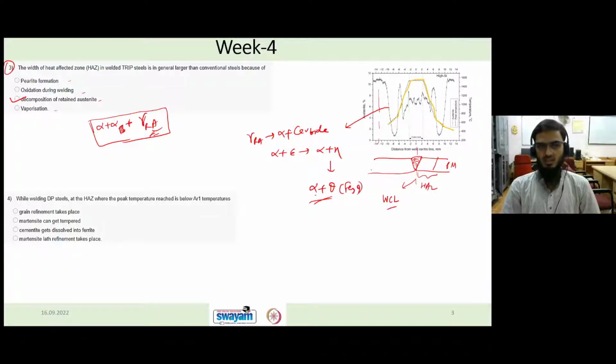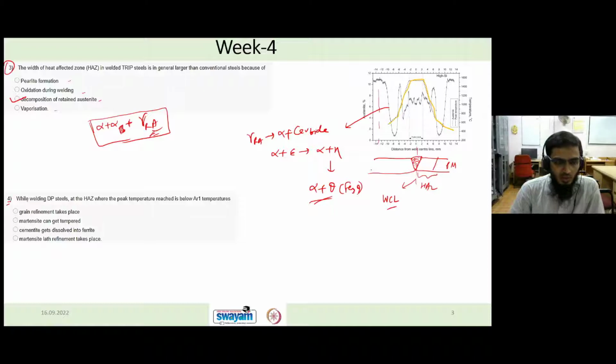So during this transformation the magnetic property will be improving, and this will be causing the wider width of the heat affected zone. So the right answer is option 3.